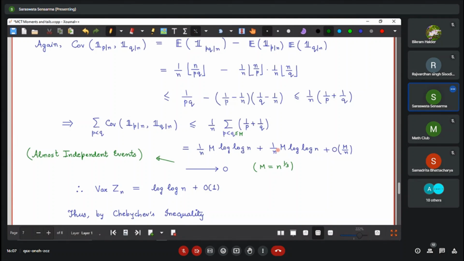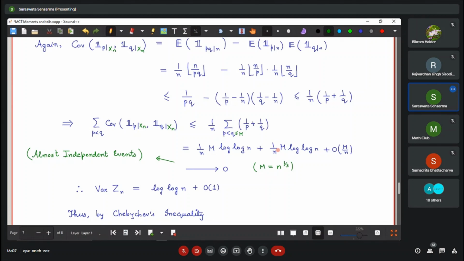In other words, the events that p divides n and q divides n, where whenever you want a random variable you replace n by Xn, are almost independent events. The sum of the covariances is going to 0.